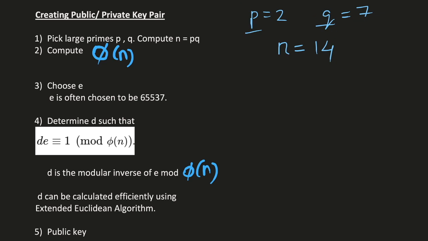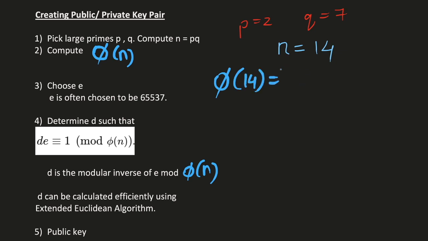So let me mark it in red so it's clear. This is known only to us. Next, we compute phi of n. And what is phi of 14? To compute this, we know that this is phi of 2 times phi of 7.